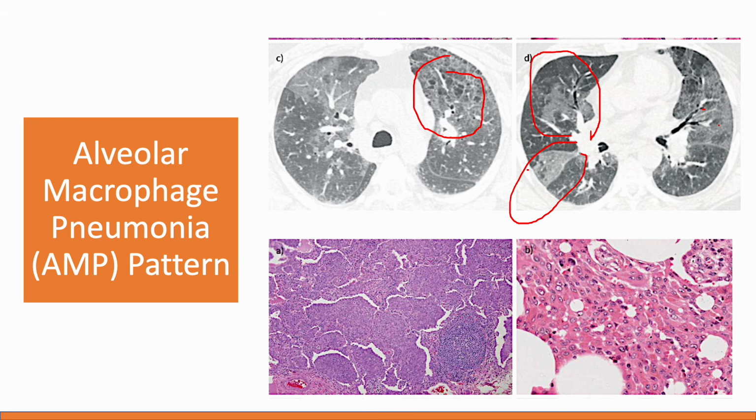It can be common in both smokers and non-smokers. Sometimes you may actually, on histopathology, see black carbon particles in the macrophage cytoplasm in smokers. So, a lot of features may overlap between RBILD and AMP. But AMP can coexist with UIP, it can exist with NSIP, and it will have more dense, confluent, patchy ground glass.